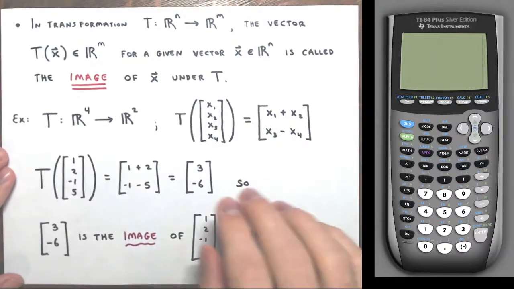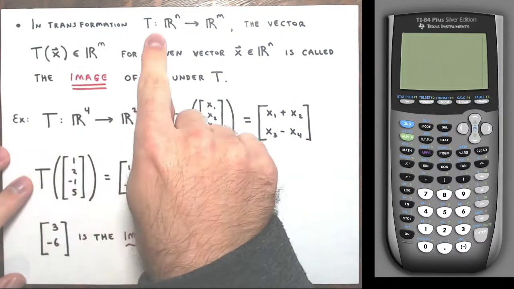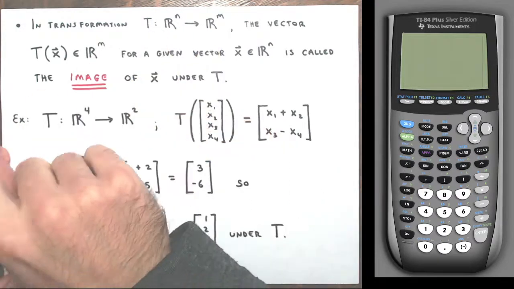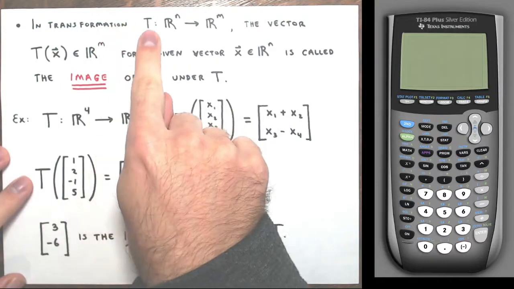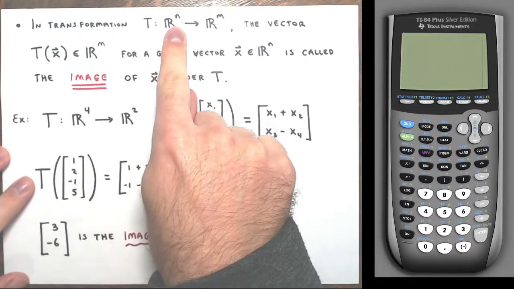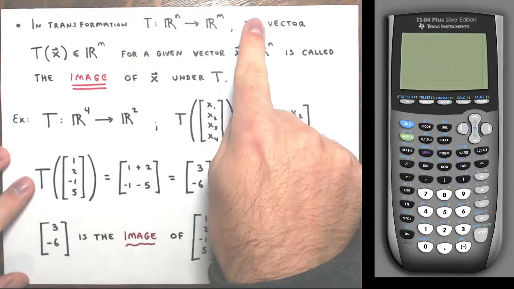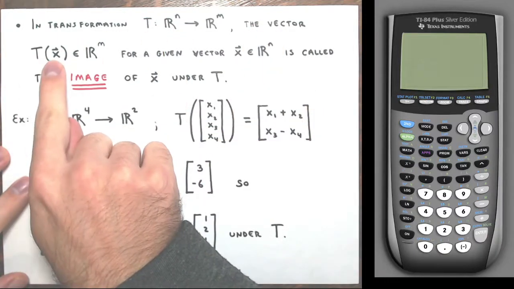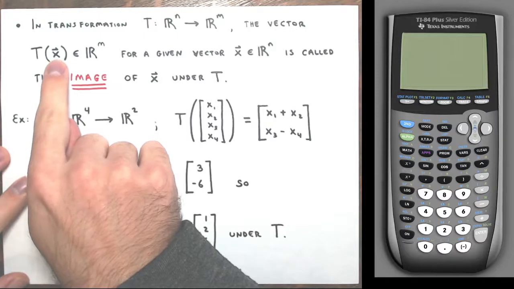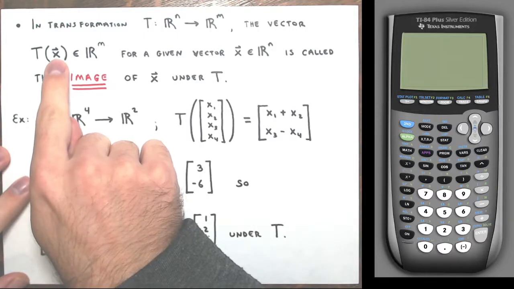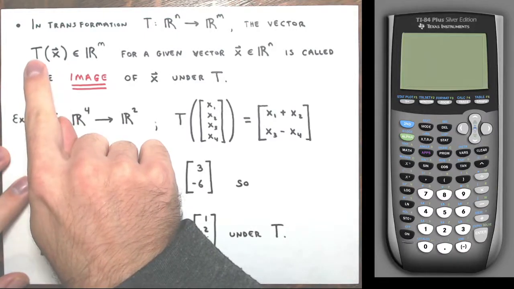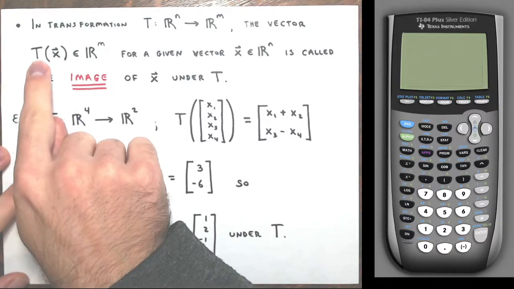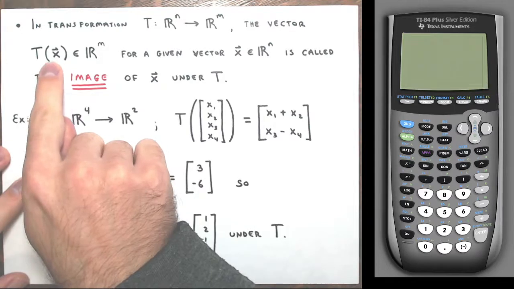All right. So again, all my transformations in general, I'm writing out here from Euclidean space to Euclidean space. So in the transformation T from, say, Rn to Rm, the vector T of x. Now this would be an output, right? Remember, the vector in the parentheses after the name of the transformation is my input, and then the whole thing, T of x, is my output.